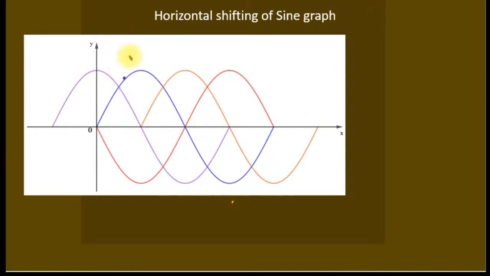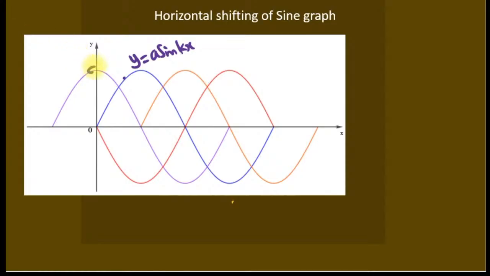So this is y equal to a sine kx. We can get the other 3 by shifting this blue graph either left or right, and also reflecting it about the x-axis. Look at the blue one and the red one. The absolute value of A is called the amplitude.